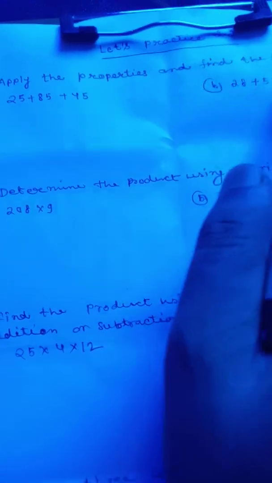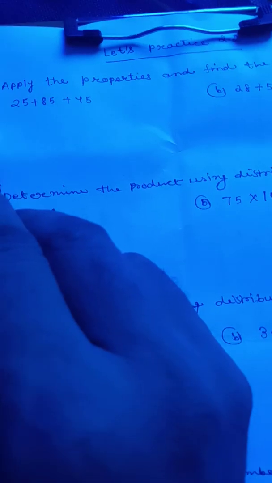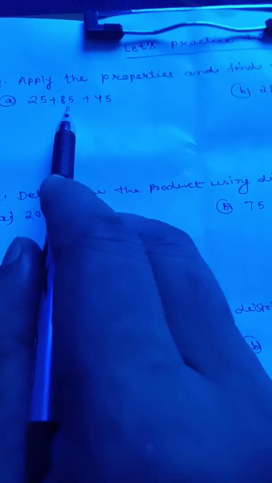The question number 1. Apply the properties and find the sum of the following. A. 25 plus 85 plus 45. There are three numbers given. So in order to solve this question, you just add any two numbers of them. Here we add 85 and 45 together.